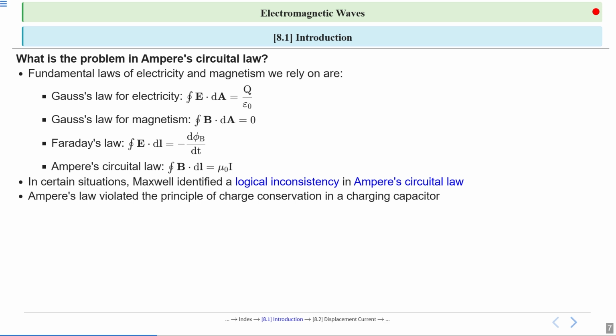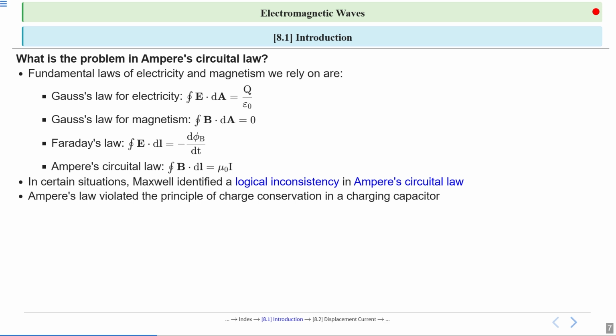We are going to discuss in the upcoming slides how Ampere's law violates the principle of charge conservation in the charging capacitor. For now I am just saying that if a capacitor is connected to a source and current is flowing through the wire, magnetic field is being produced around the wire in the form of concentric circles.